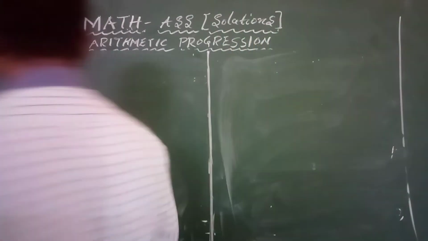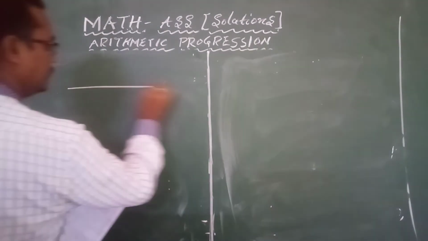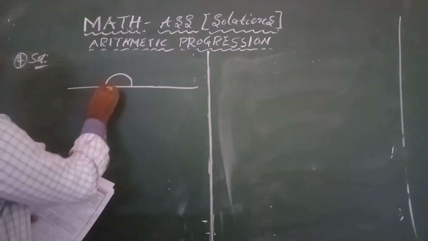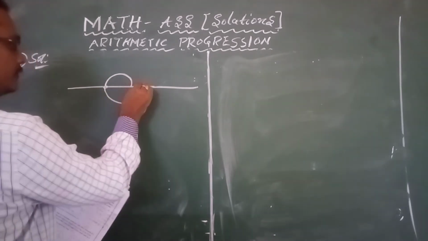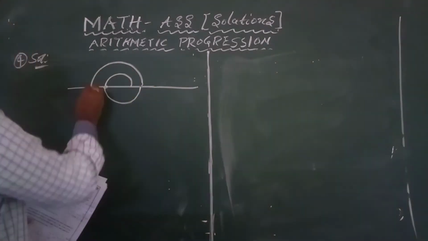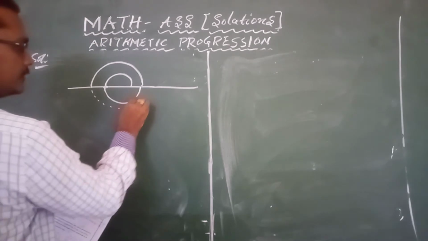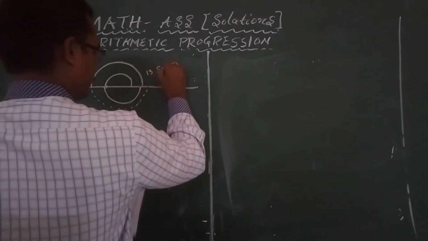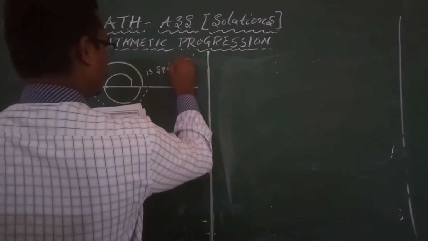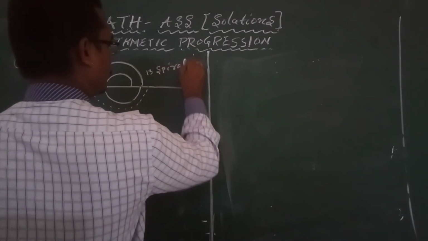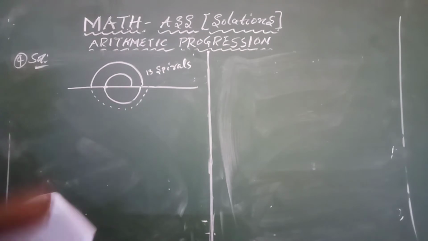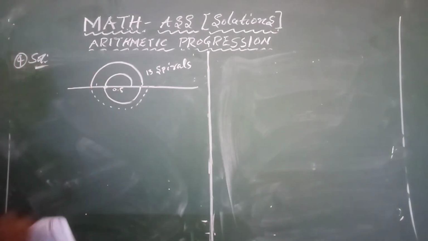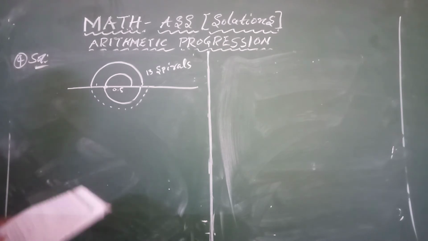In the diagram, here I am drawing, you can see this is the first spiral, second spiral, third spiral, and so on. Like that, 13 spirals. Each radius is 0.5, 1, 1.5 and so on, given.